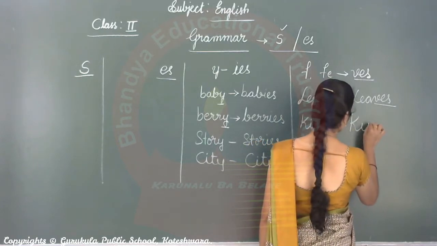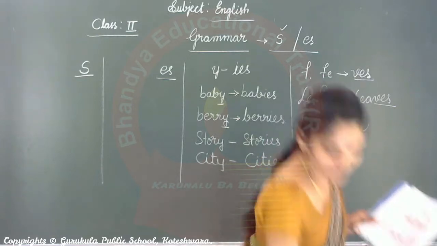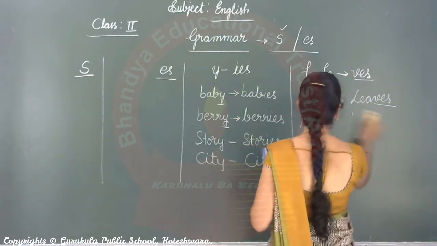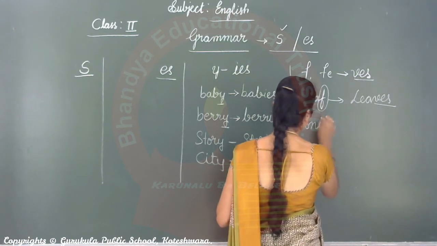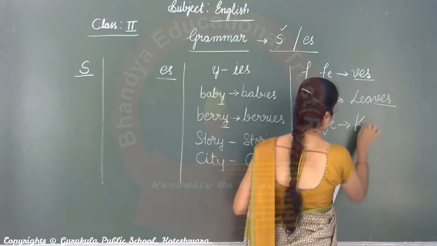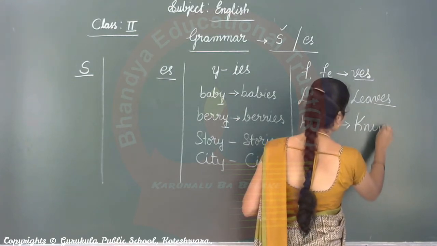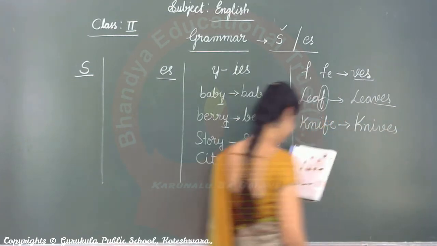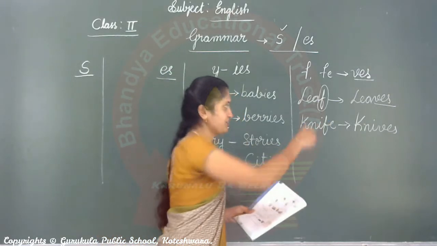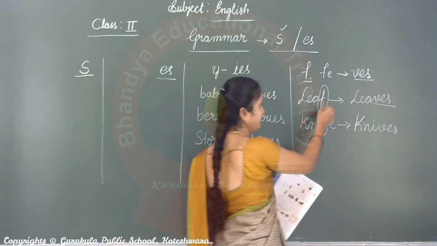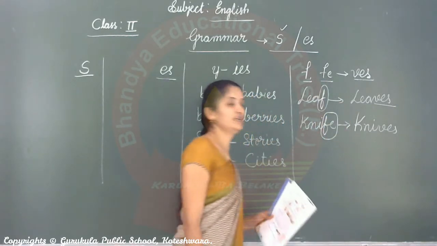Knives. Knife, knives. Here I said only F, leaf. But here I am telling F-E, knife, knives.